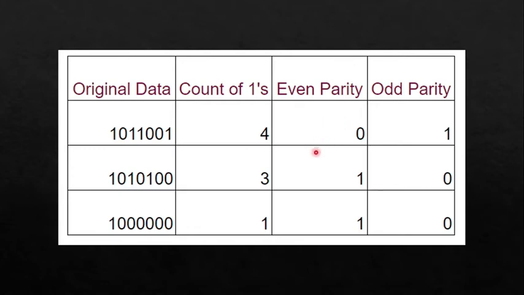While in the second and third data, the number of ones is odd, so it is giving us the output 1. And the reverse case is for the odd parity. If the number of ones is even, then the odd parity will give us 1, and if the number of ones is odd, then the odd parity will give us 0.